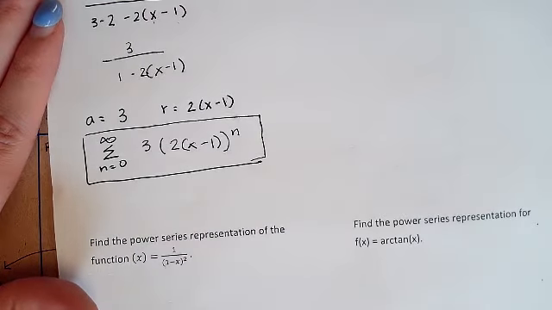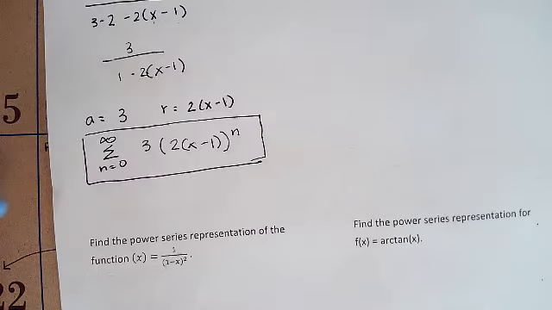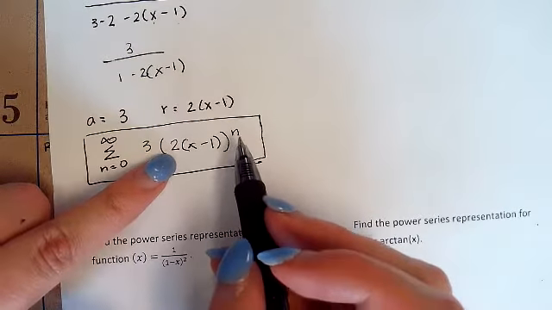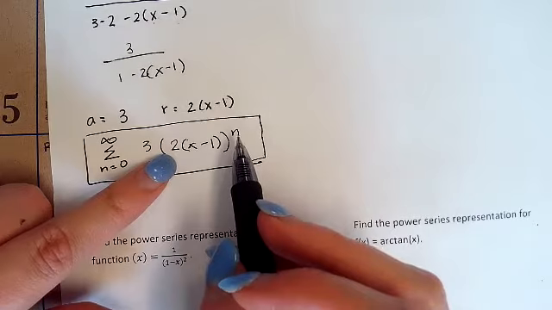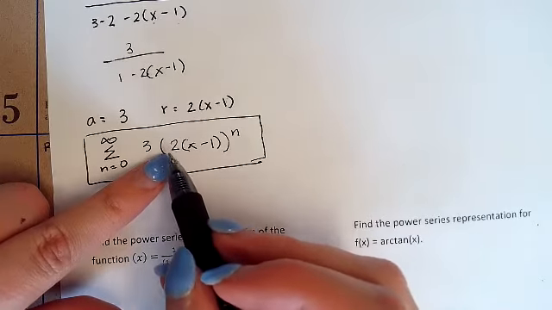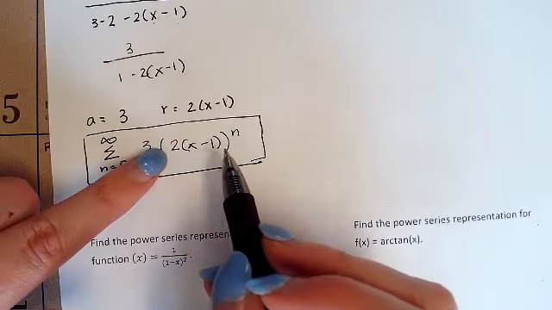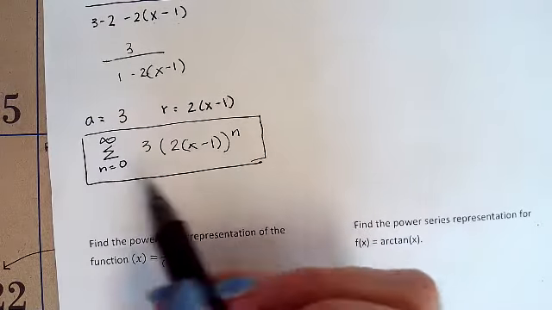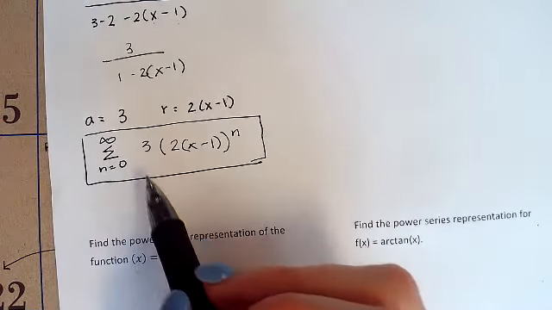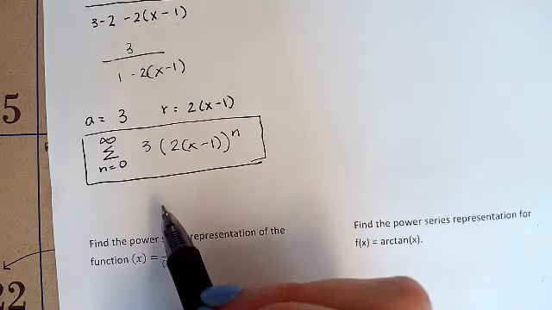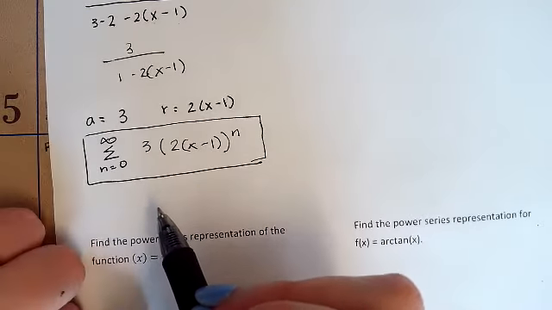That would be a huge no-no. Do you see that little n? The n does not stand for no-no, but you could distribute the 2. You could have 3 times 2x minus 2 to the n, but anything under the n should stay separate from your A.